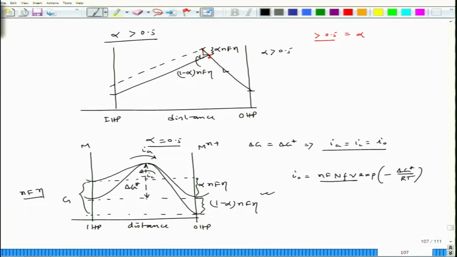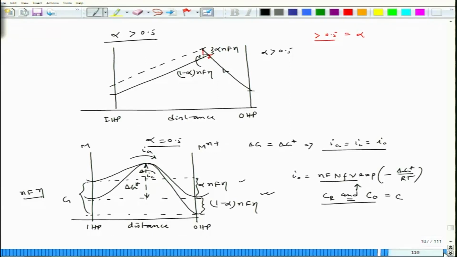So, this concentration of R as well as C_O, they are included here, and that time we are saying that they are equal and it becomes C. And let us see whether we can get similar sort of equations by analyzing this particular plot.